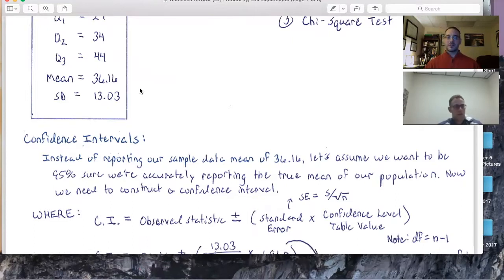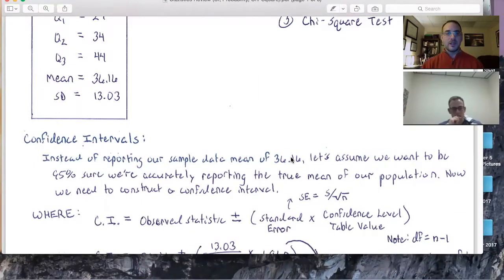So what the confidence interval allows us to do is give a better estimate. If we wanted a confidence interval around the mean, we can say we want to be 90% sure, or 95% sure, or 99% sure that our true mean, or true average, falls within a certain interval.